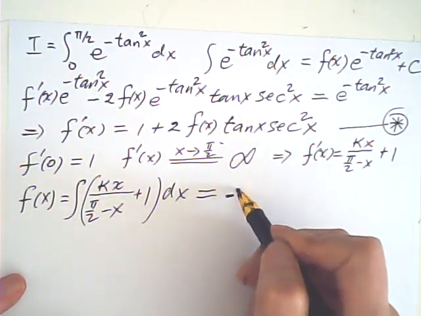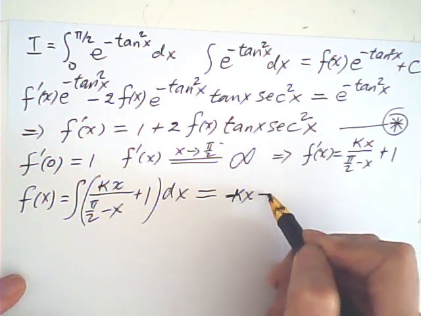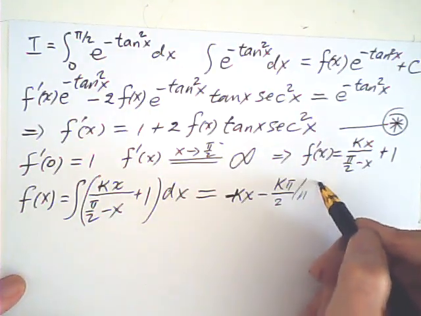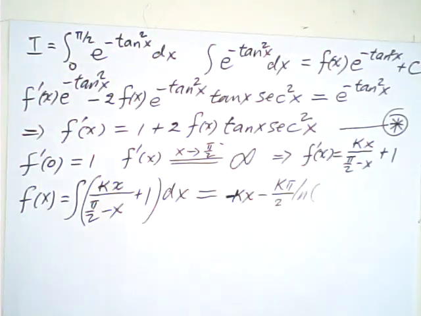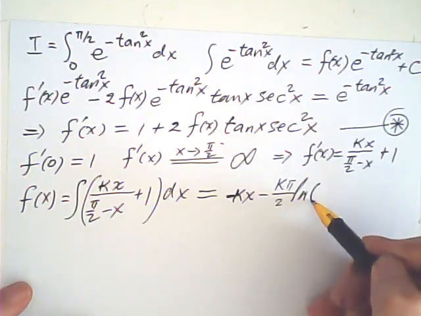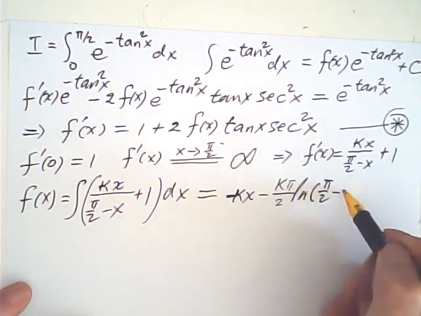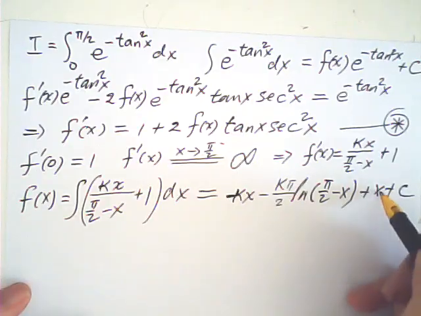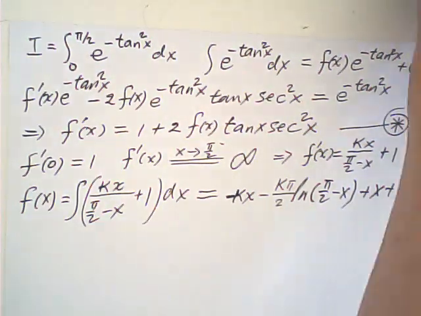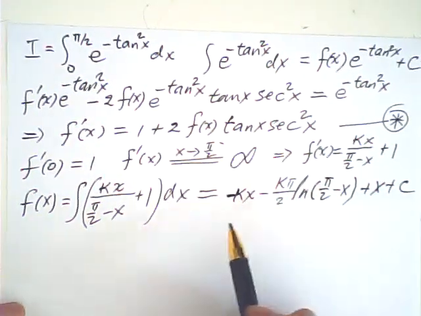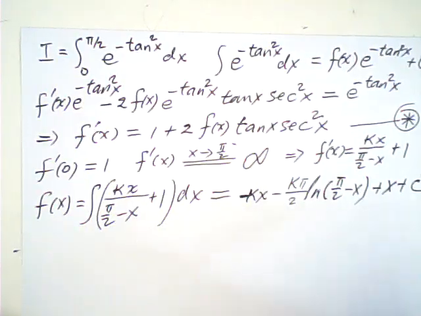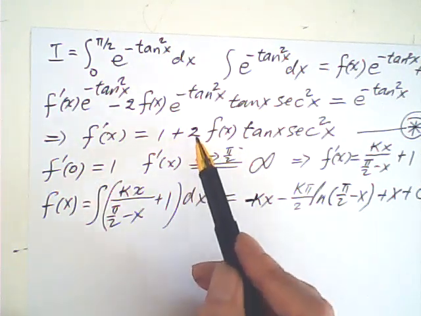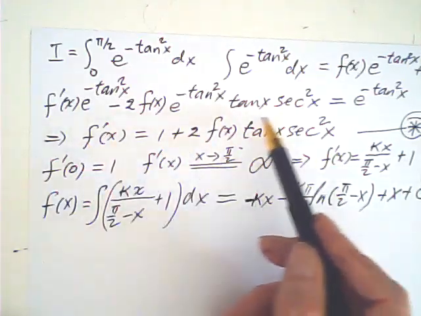So this is equal to negative kx minus k pi over 2 times log of half pi minus x, plus x, plus c. So this is my f of x. I assume this is my f of x, at least to satisfy these two conditions, which is reflected in this equation.